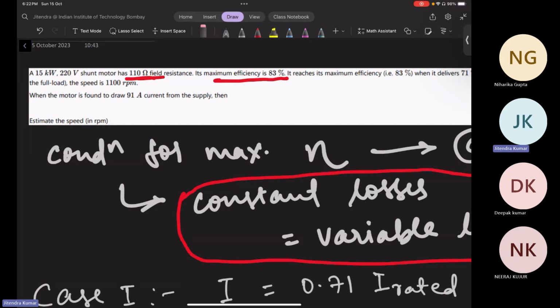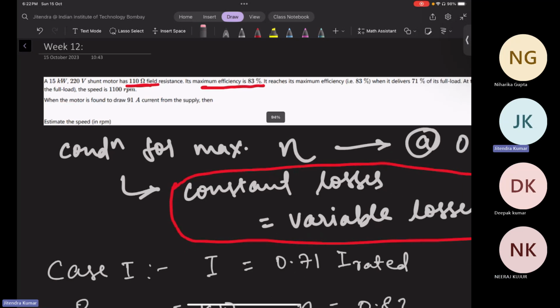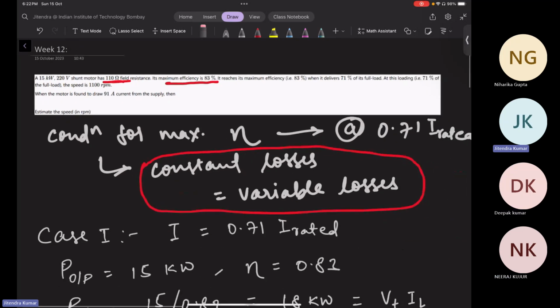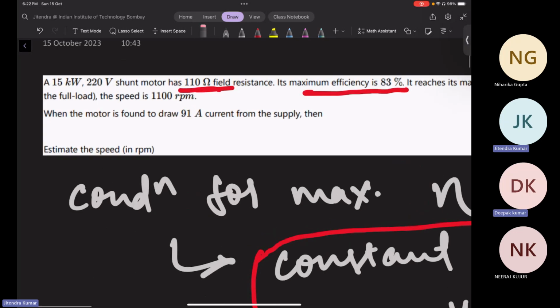Even for a generator, for any machine, the ratings are given in terms of output power. Otherwise, if they want to provide you input data, they will mention the kVA rating. Then by multiplying the power factor in that expression, you can get input or output power. So this data is always your output rated power.